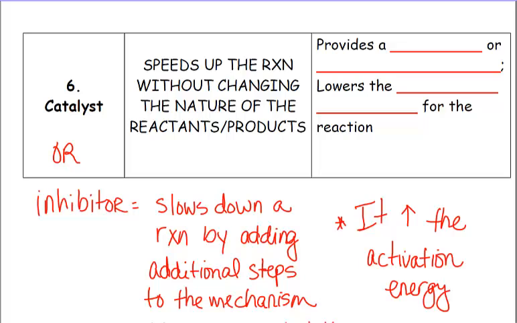And finally, our last factor affecting reaction rate is a catalyst or an inhibitor, and this you will have to add to your notes. Catalyst will speed up the reaction without changing the nature of the reactants or the products. So it doesn't change what you end up with at the end. It doesn't change anything with the reactants. It just provides a shortcut or an alternative pathway.